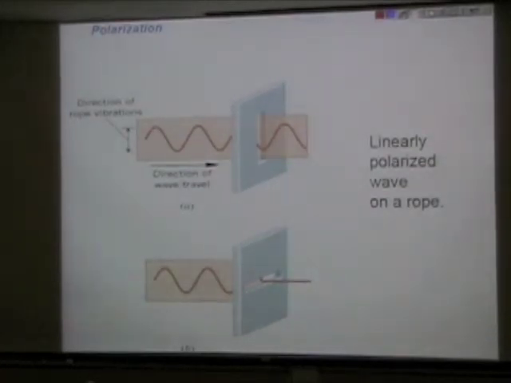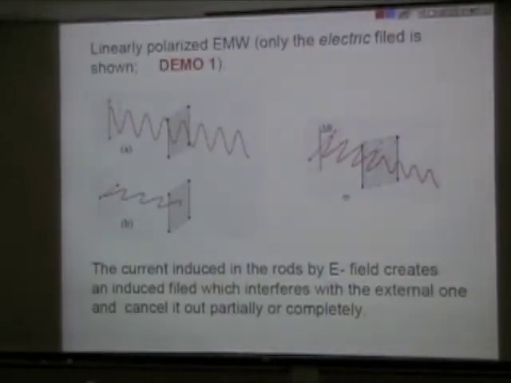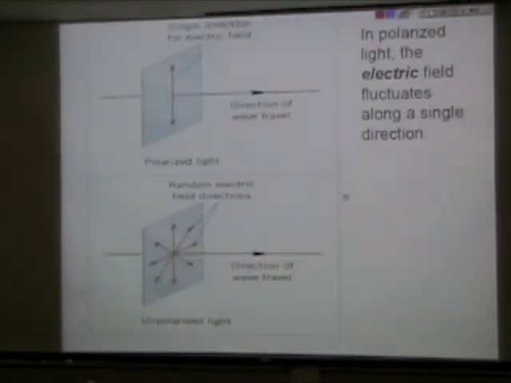Now, well, this is a mechanical model. We now can apply this model to a light, because light, as we saw, is an example of electromagnetic wave.